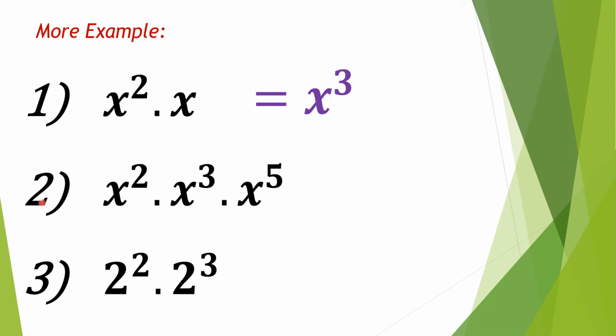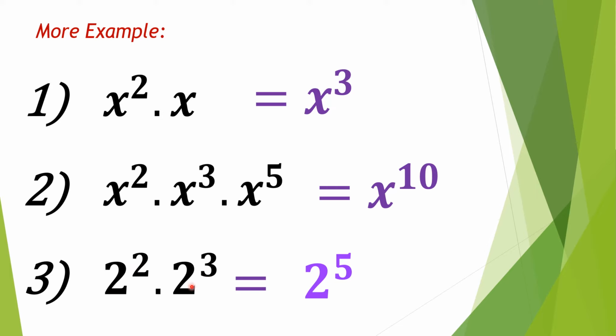Okay, number 2, x squared times x raised to 3 times x raised to 5. Okay, copy the common base x. So x, and then i-add yung mga exponent nila. 2 plus 3 plus 5 is equal to 10, kaya ang magiging sagot natin is x raised to 10. So yan na. And then number 3, 2 raised to 2 times 2 raised to 3.